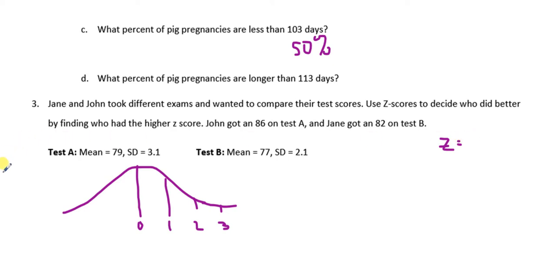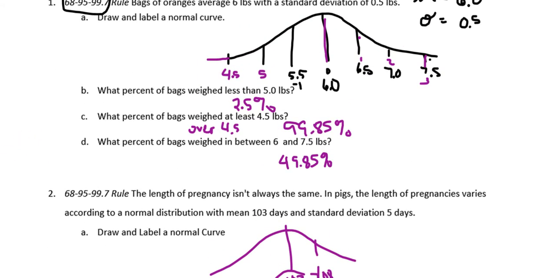So this is the formula you use for all of these problems. Z equals, except for these kind of problems. When you do Z equals X minus the mean over the standard deviation, you could do this, but you'll get a whole number, 1, 2, 3, between 6 and 7.5.